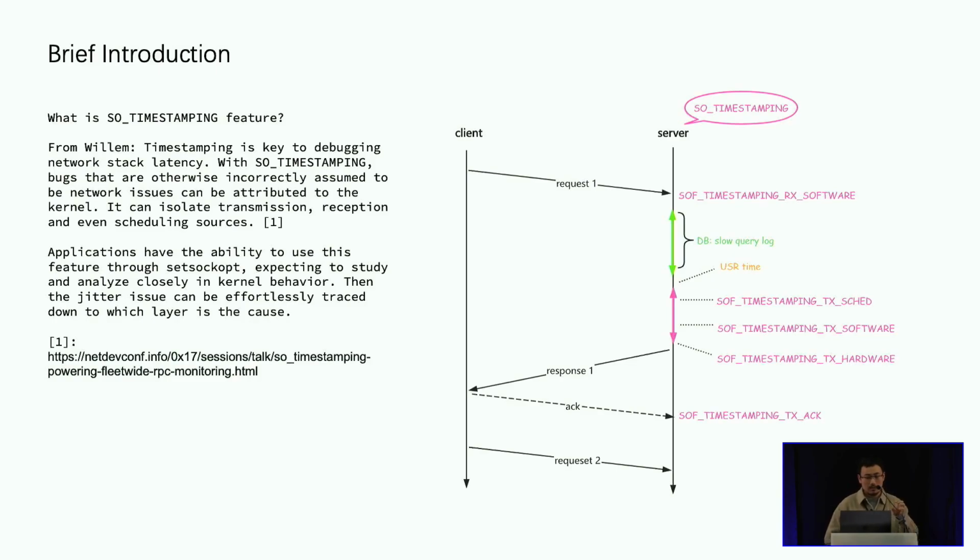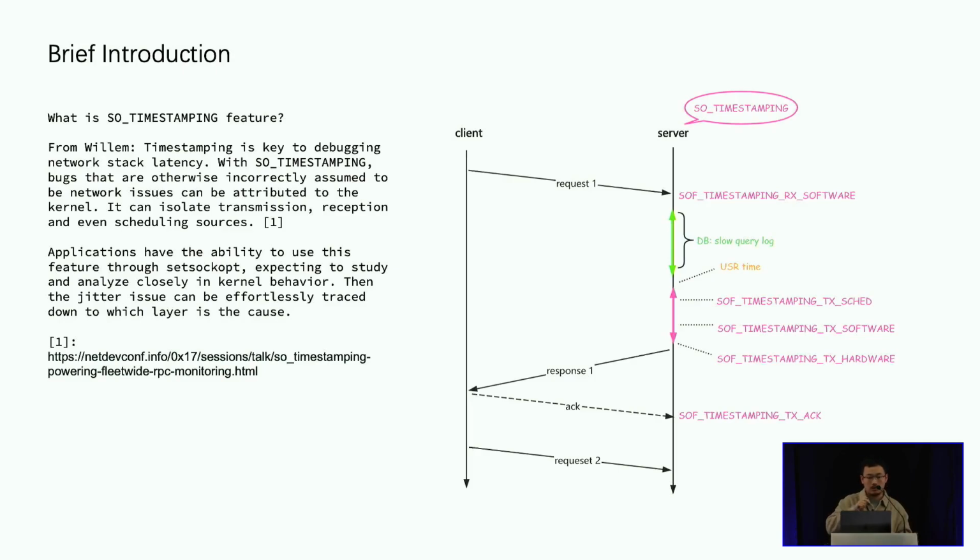And then we will ask the application to record the timestamp before calling sendmsg. Sendmsg is called, and you can calculate the delta between each of them, and you will see if a latency issue occurs, and you can say, okay, it's the application's problem. It's not mine.